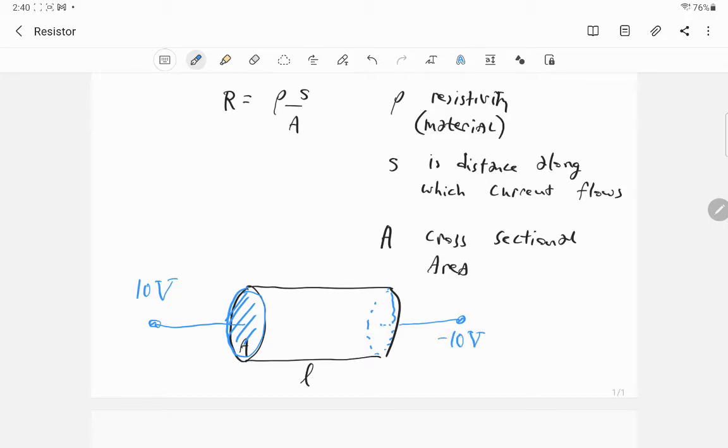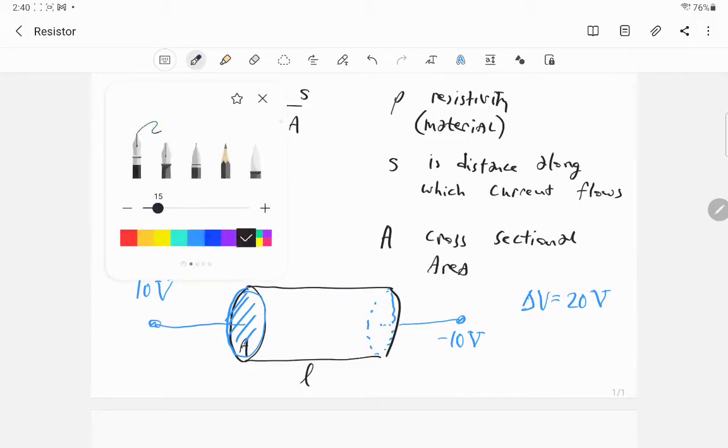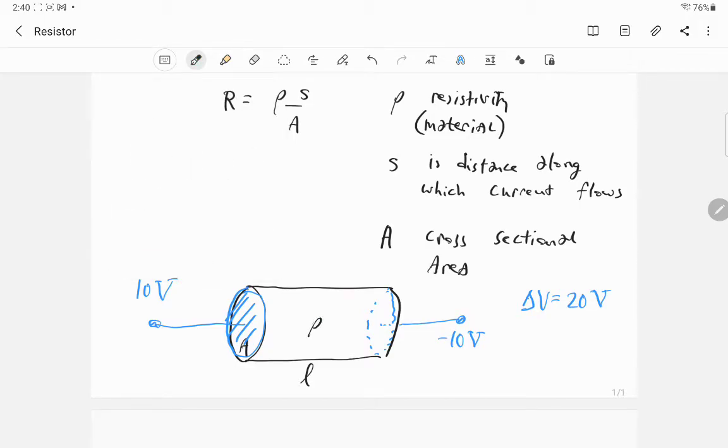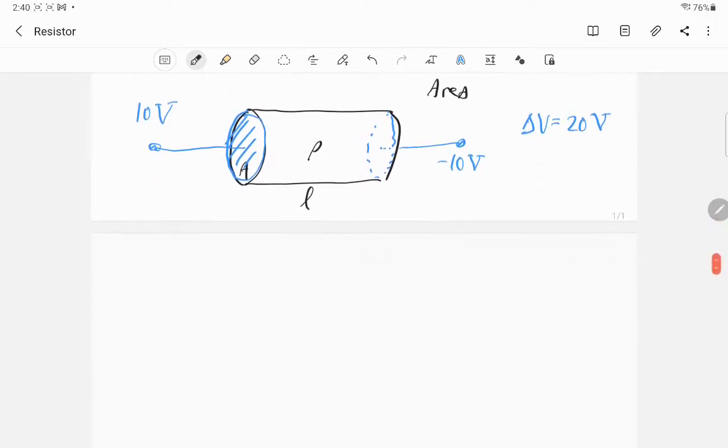Then between these two conductors, along the distance L, is a potential difference of 20 volts, right? Because this is 10 above zero and this is 10 below zero, so the difference is 20. And let's further say that this material is characterized by resistivity rho.